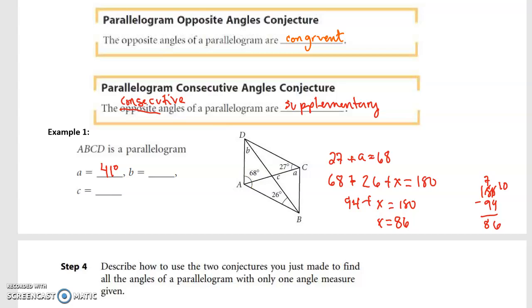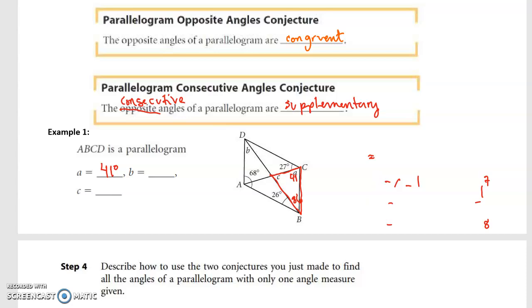That's going to help us. I'm going to do some labeling here. This is 41. This is 86. And that's going to help us because I have C right here. Now what I want you to notice is this makes a triangle, right? So we can use our triangle sum conjecture, which says the sum of the angles in a triangle is going to add up to 180.